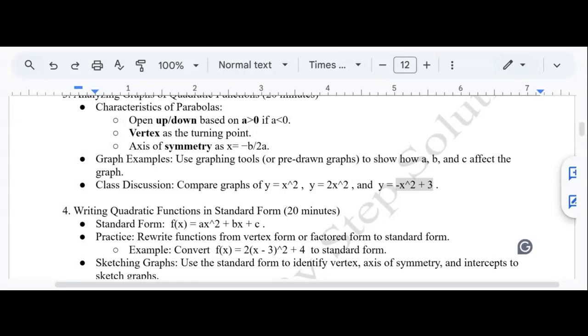So you have to do a rotation around the x-axis. And the 3 will do what? Shift up or down 3 units, right? Up. Now the vertex is 0, 3, right? See? The vertex here is 0, 3, correct? Clear?